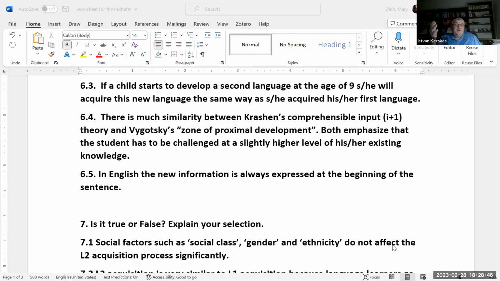Okay, so you can argue that way. So I would accept, for example, both approaches. If you said that, definitely I agree, because yes, there is this similarity. But at the same time, if you want to focus on the differences, there are some differences there. Okay. In English, the new information is always expressed at the beginning of the sentence.